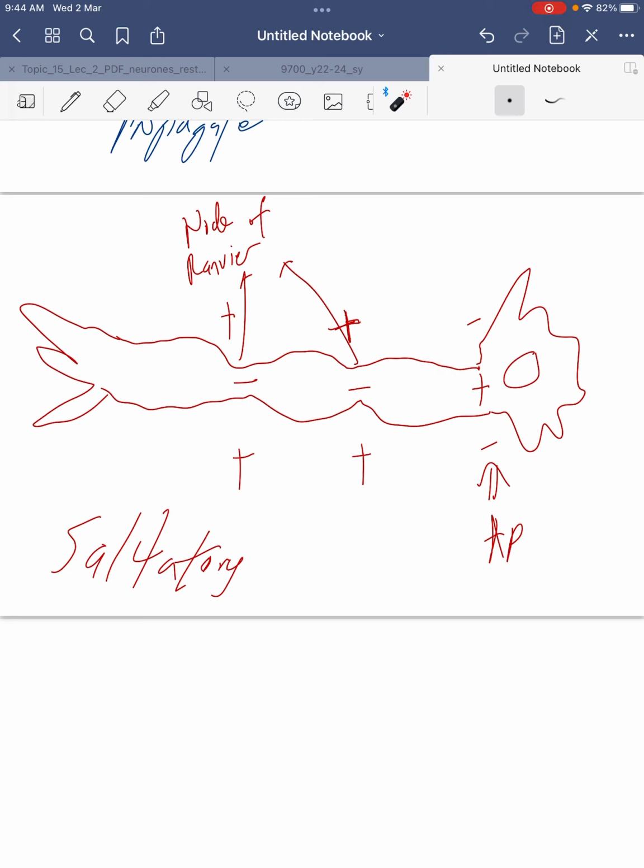Where the positive zone is attracted to the negative zone, this one will become positive, this one becomes negative, and this one will go back to negative, positive, positive. So it's called saltatory conduction.